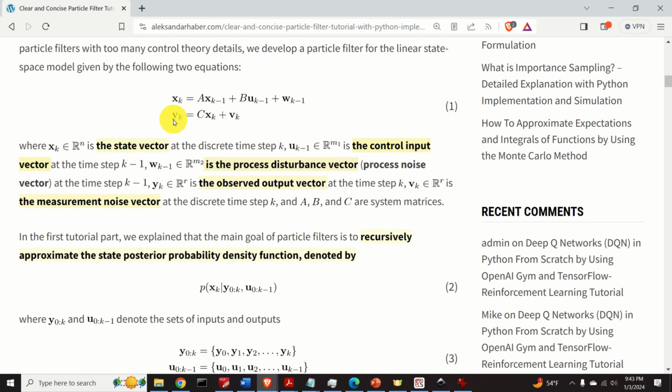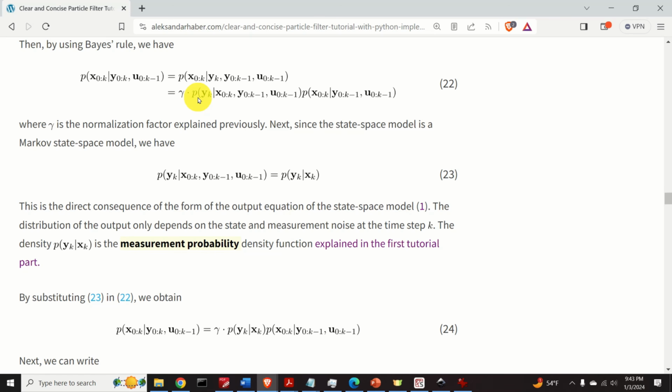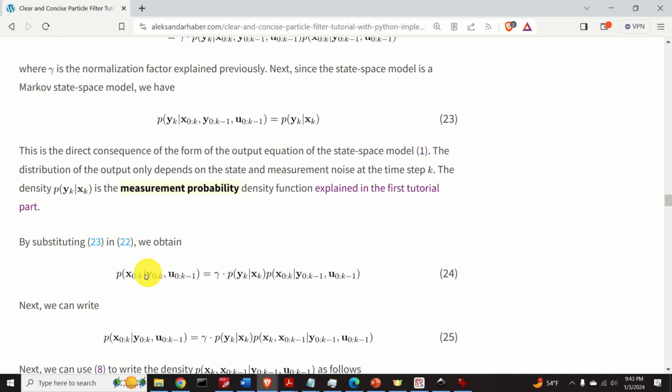We can see that the output equation only depends on xk and this noise term vk. Consequently, this density can be written like this. Now, this density over here is the measurement probability density function that we explained in the first tutorial part. Next, let's substitute this equation in this equation, and as the result we obtain this equation.